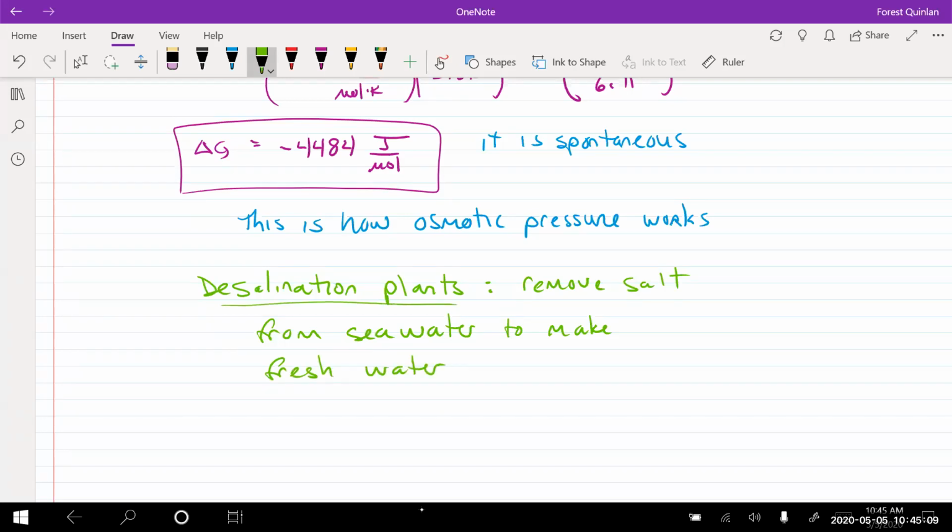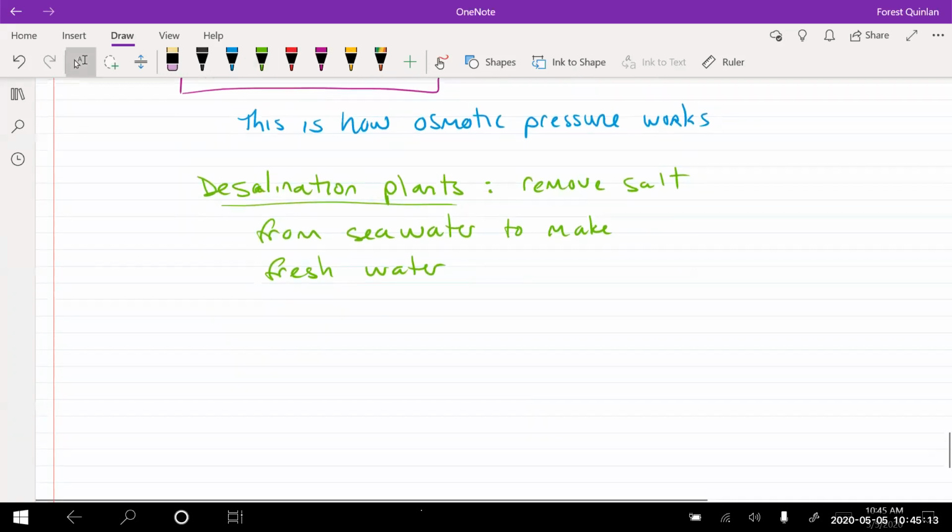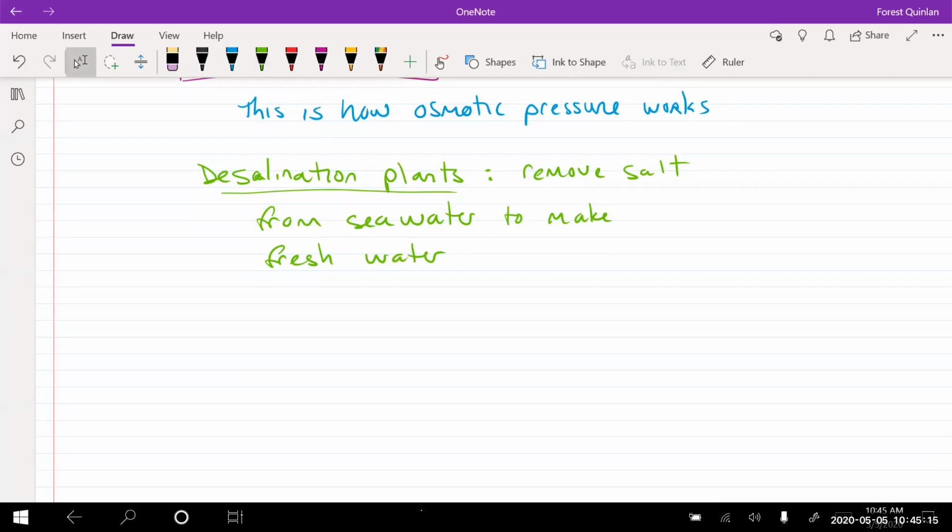But what did we just say? That salt doesn't want to do that. Yeah, right. We just proved that salt does not want to get more concentrated.